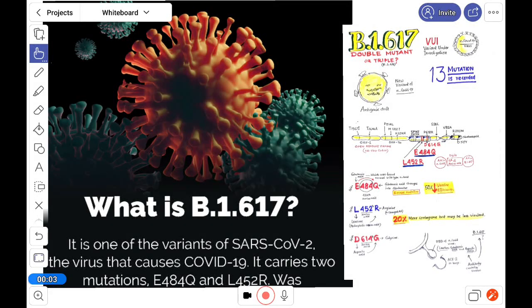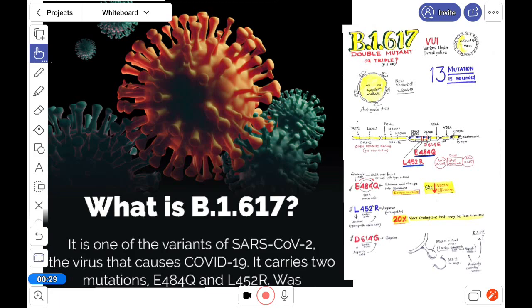Welcome everybody. Here we'll discuss the new double mutant or triple mutant coronavirus, which is called the Indian variant, and which is found in over 70% of Indian coronavirus patients.